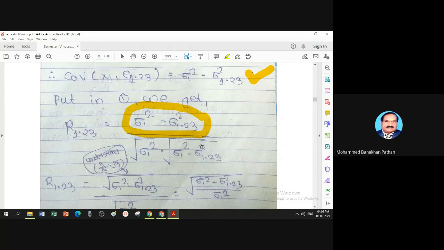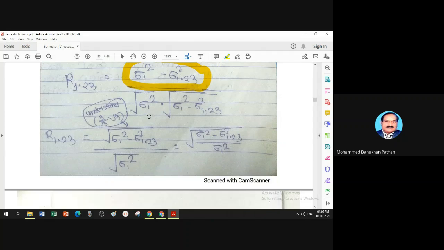So this denominator will be dropped and root will be taken up. Therefore, R1.23 is root of sigma1 square minus sigma square 1.23 divided by sigma1 square. Take this root, combine, and make a common expression: sigma square 1 minus sigma square 1.23 divided by sigma1 square.